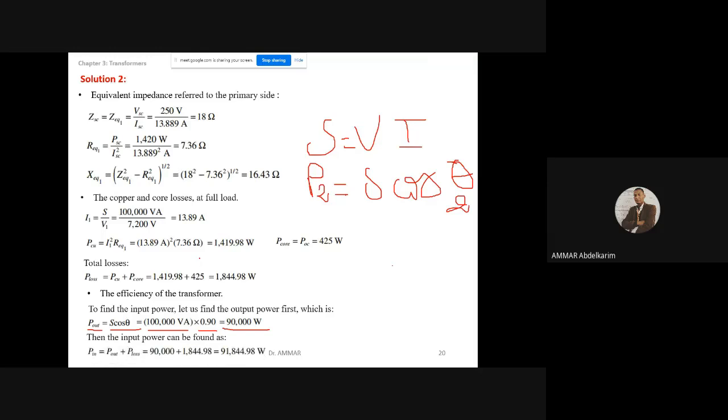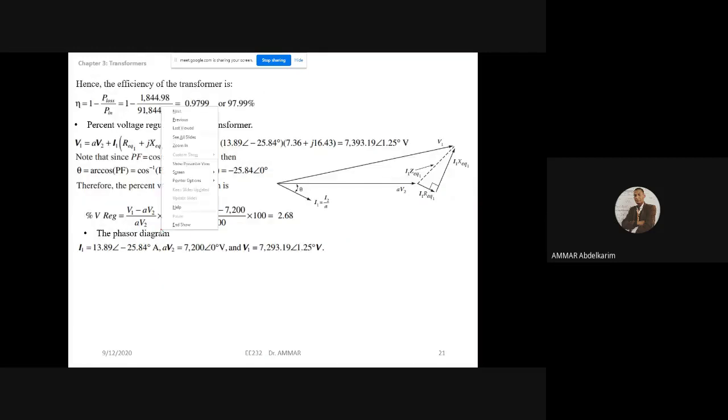Then the input power can be found as P out plus the total of losses, so it equals 91,845 watts. Then the efficiency can be calculated.